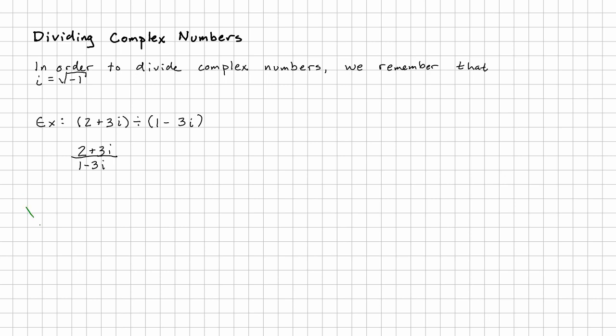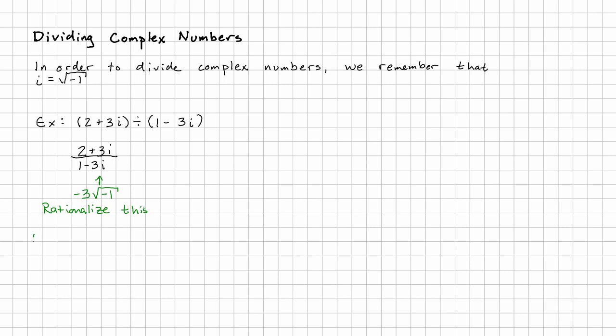However, if we remember that this is actually -3 times a square root of -1, and we think, let's rationalize the denominator. Well, if we got that -1 out of the square root, we wouldn't have any problems, right? Because then we would just have numbers in our denominator, real numbers, and we could actually add or subtract them.